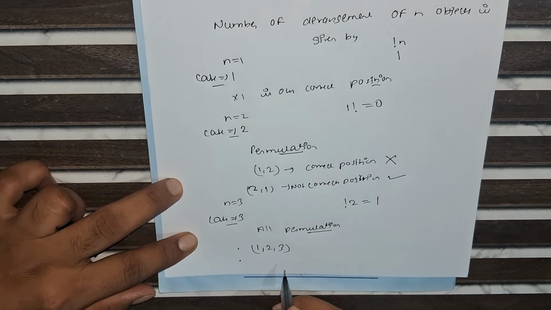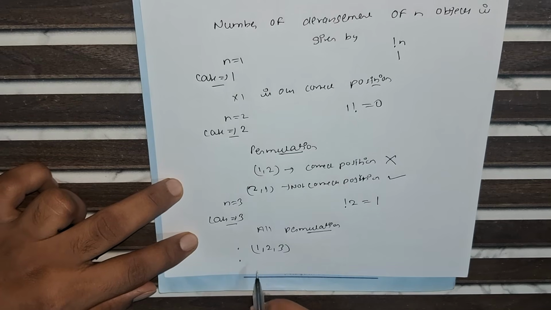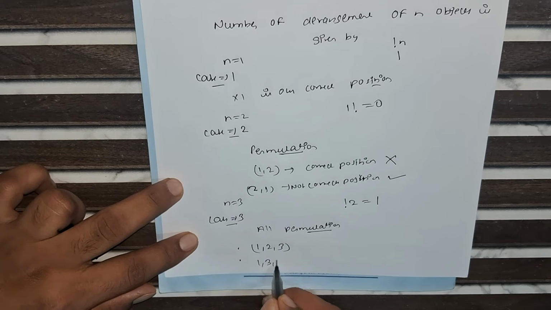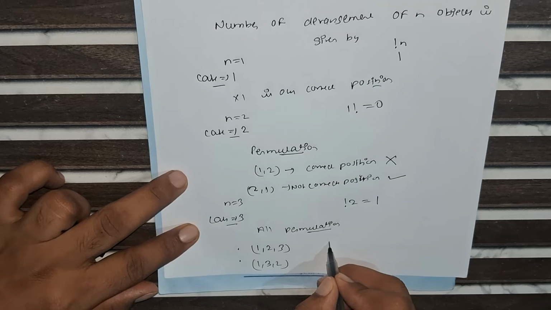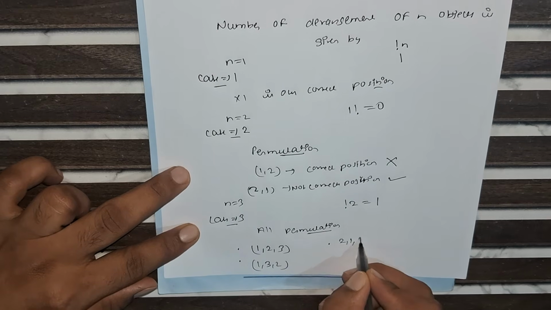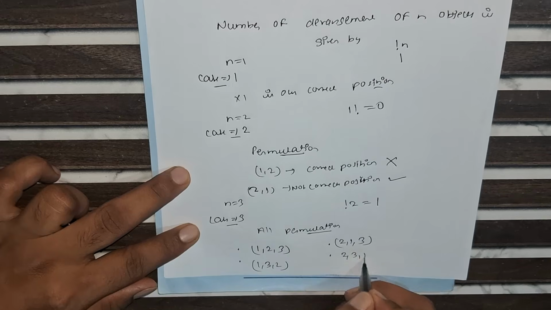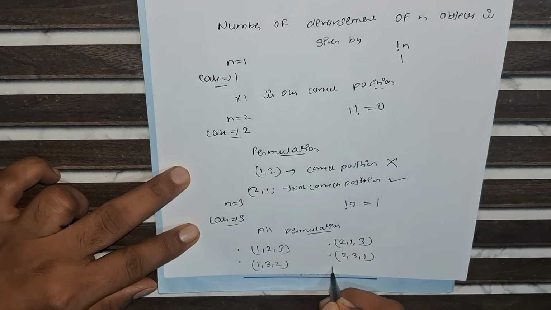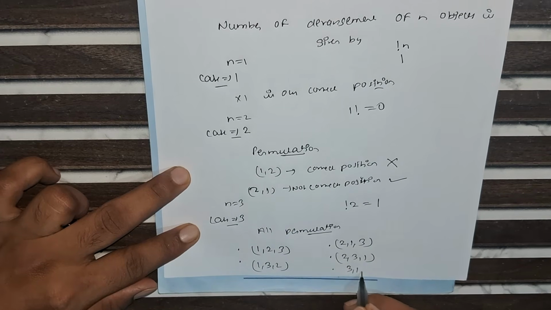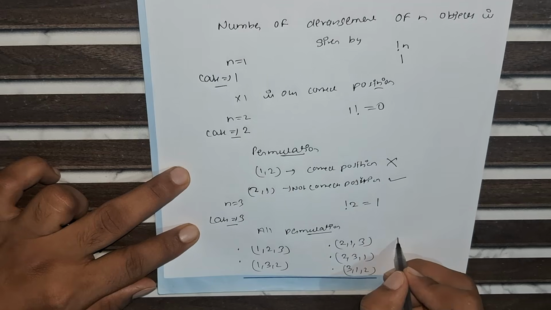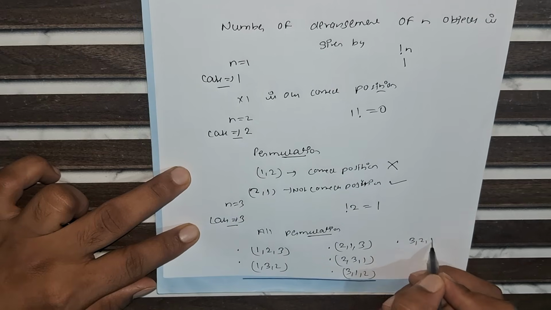First I am writing all the permutations, then I will explain how each comes in correct position or derangement. 1, 3, 2. Another one is 2, 1, 3. This is 2, 3, 1. Another one is 3, 1, 2. Another one is 3, 2, 1.